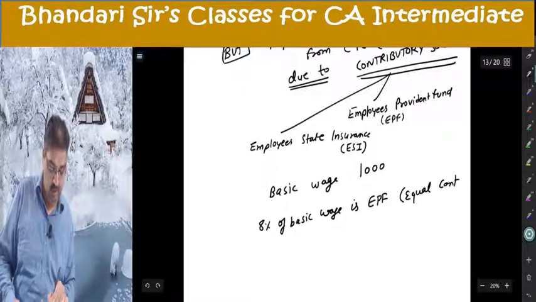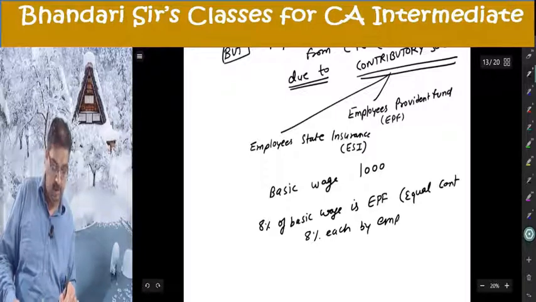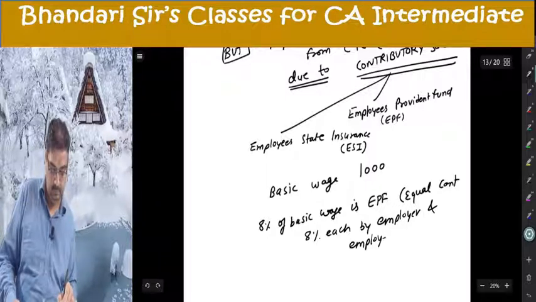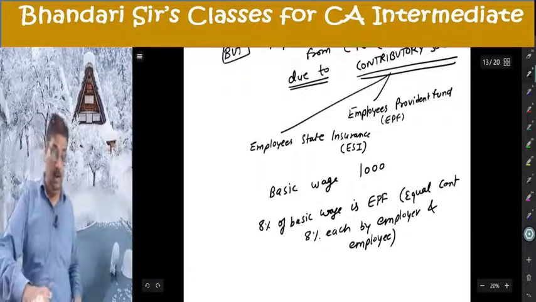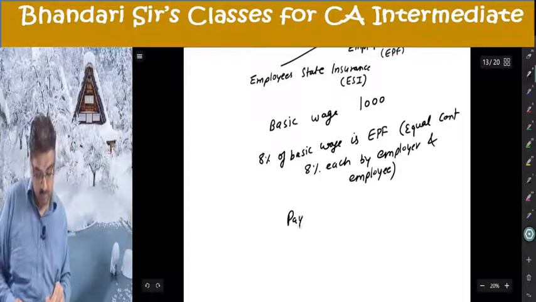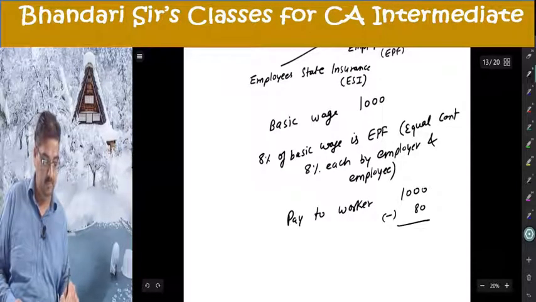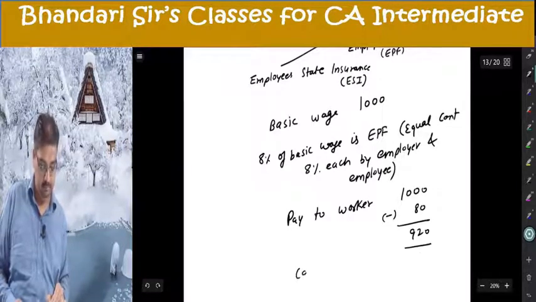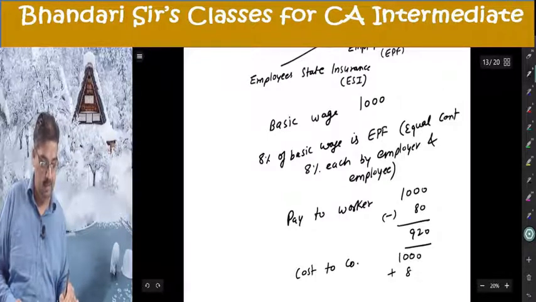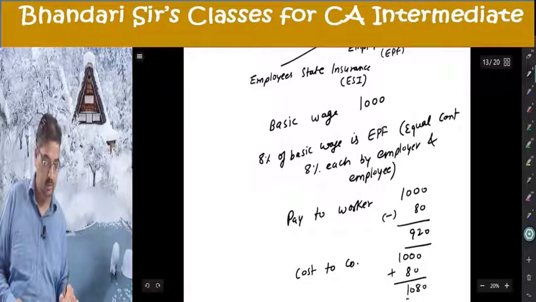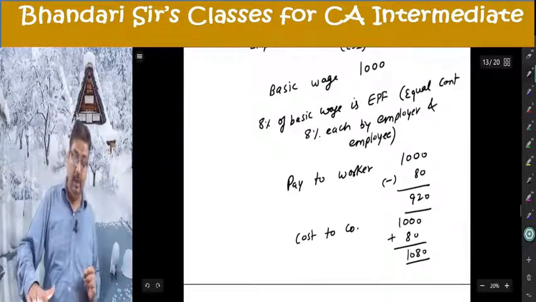Equal contribution, 8% each by employer and employee. Now try to understand: pay to worker, 1000 minus 80, 920. Cost to company, 1000 plus 80, 1080.